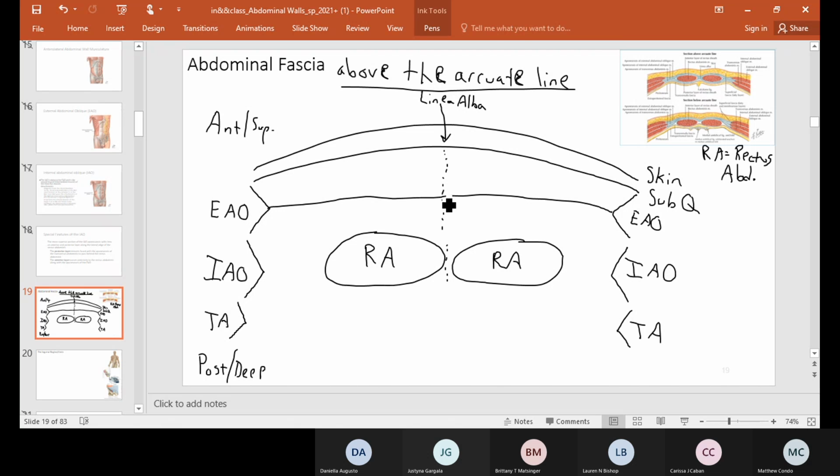IAO, this is the weird thing that happens above the arcuate line. Its fascia actually splits and kind of envelops rectus abdominis. So above the arcuate line, the fascia from internal abdominal oblique splits, envelops or surrounds rectus abdominis, and then meets in towards the linea alba.